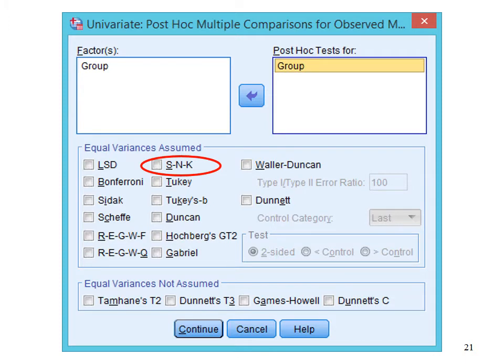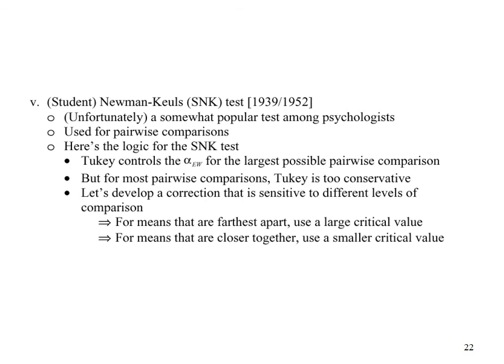Now we have the Student-Newman-Keuls, SNK for short. This text comes from Andy Karpinski at Temple University. He says Student-Newman-Keuls is somewhat popular, but is problematic because it is too opportunistic.